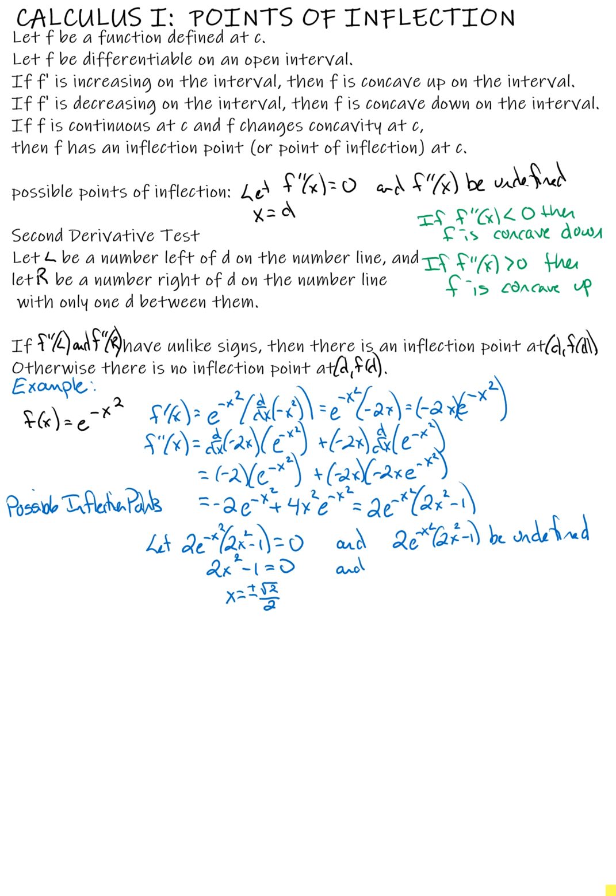That would mean 2 times 2x squared minus 1 over e to the x squared is undefined, but this would only be undefined if its denominator is equal to 0, but this never occurs.